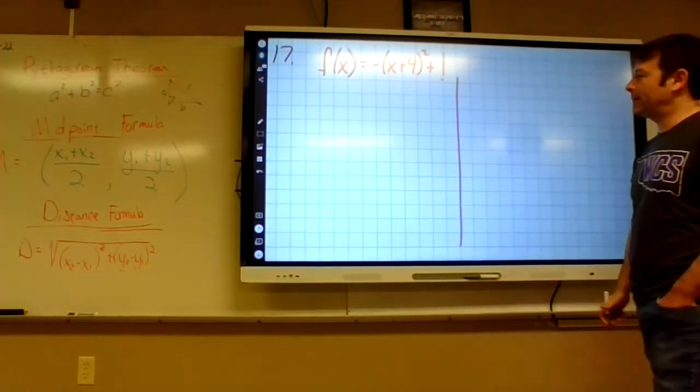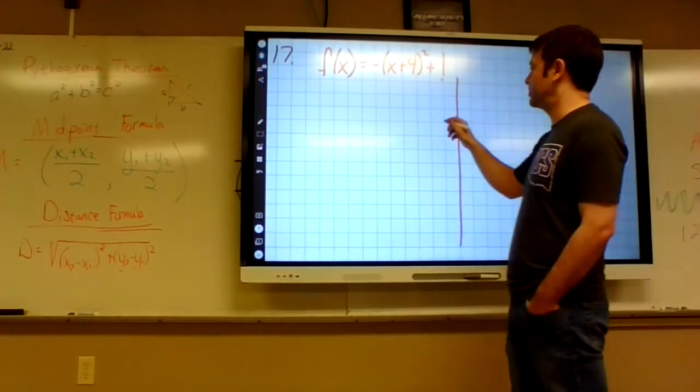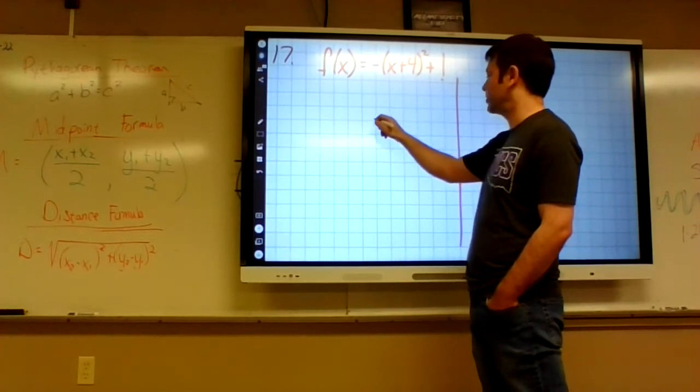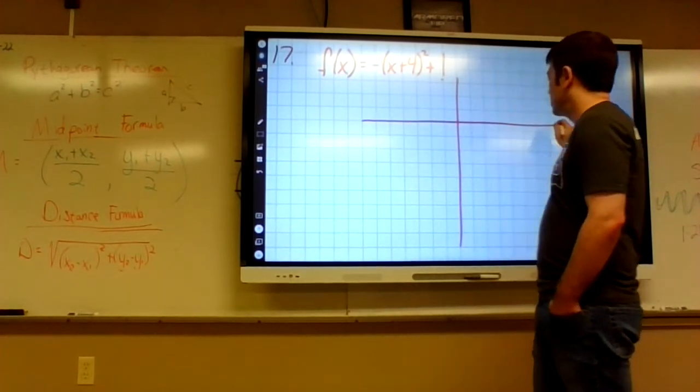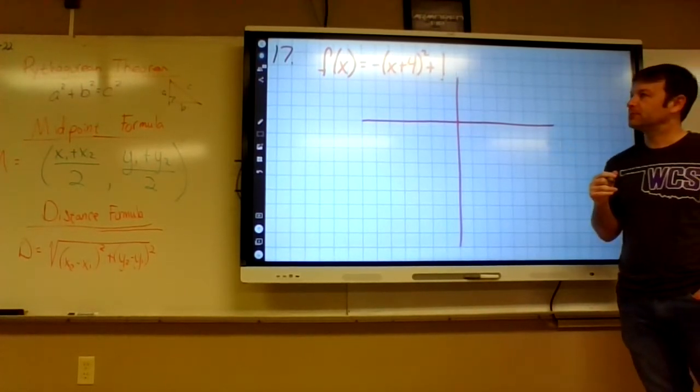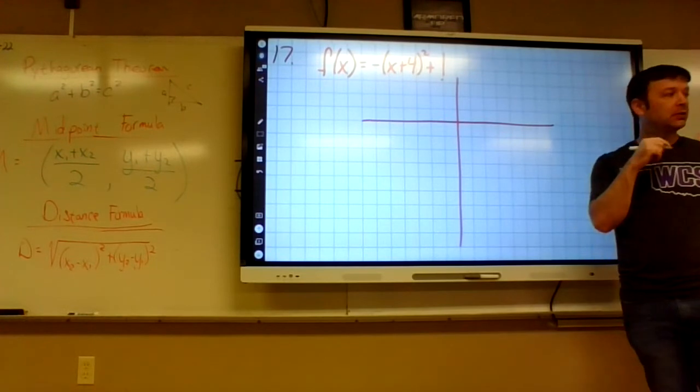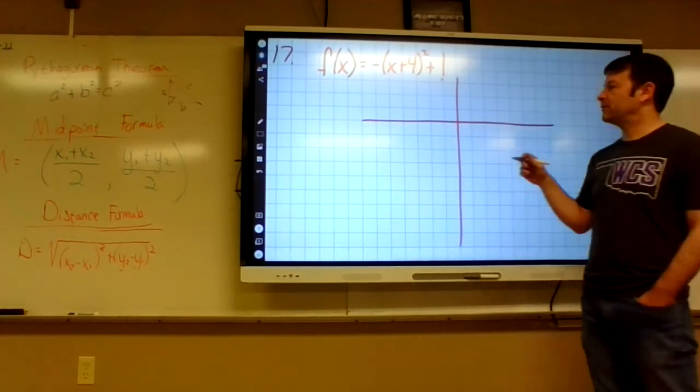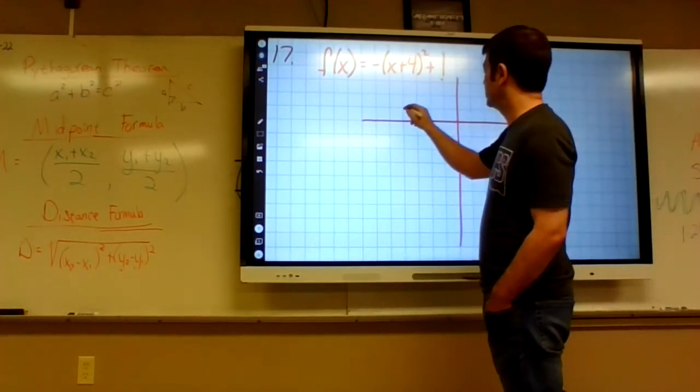So that means we might want to put our y-axis high, since it's going to go down. All right, Keziah, where's the vertex going to be? -4, 1. -4, 1. Right.